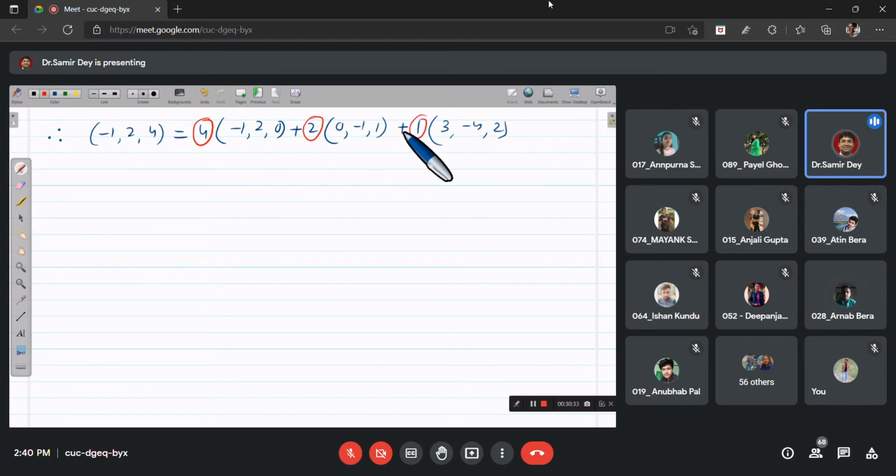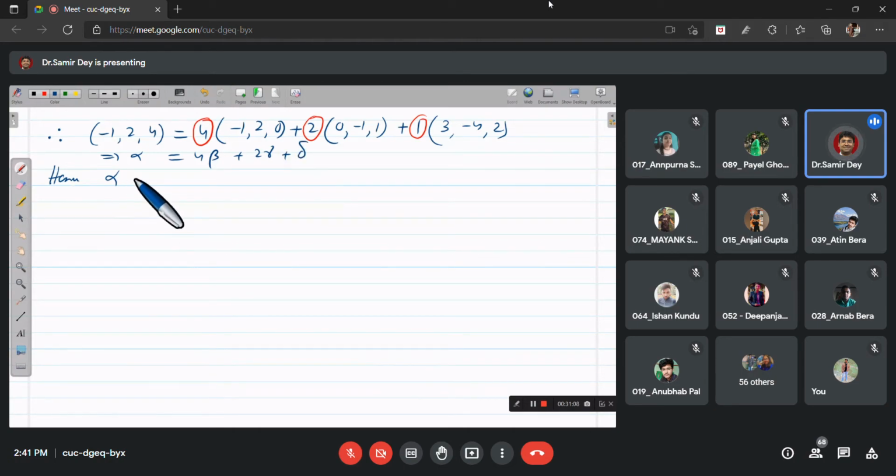Now you can see all C1, C2, C3 are finite real values. So that means this alpha can be expressed as a linear combination of these 3 vectors, correct? So therefore, hence, alpha is equal to 4 beta plus 2 gamma plus delta, correct?